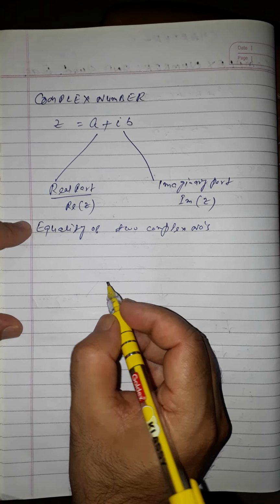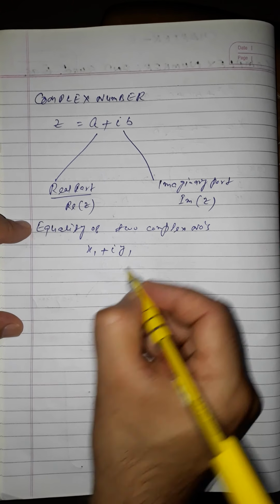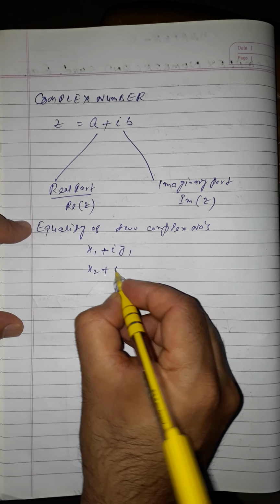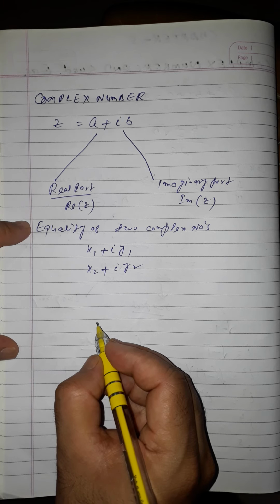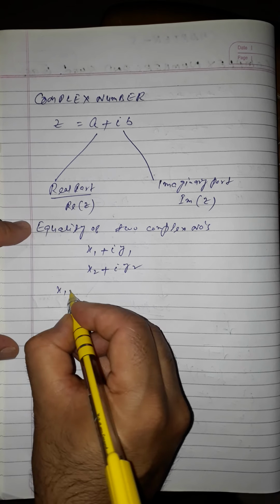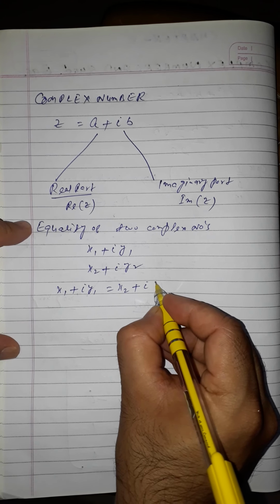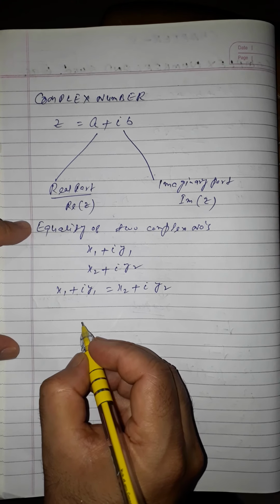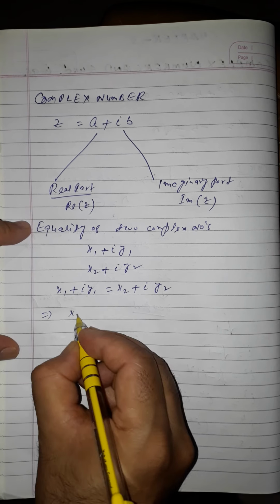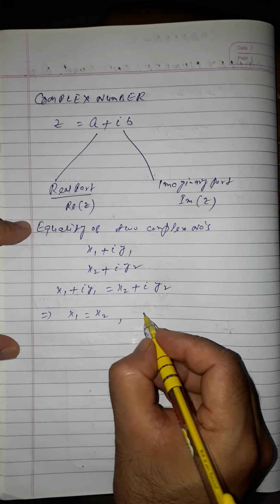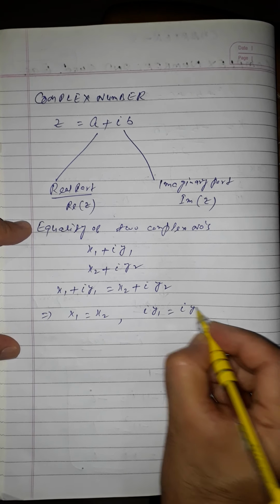Remember students, if we have two complex numbers x1 plus iota y1 and x2 plus iota y2, and they are equal to each other, then x1 is equal to x2 and iota y1 is equal to iota y2.